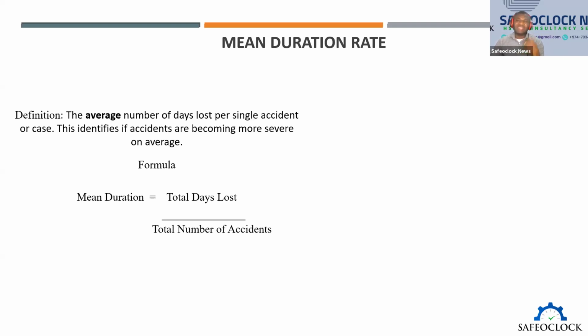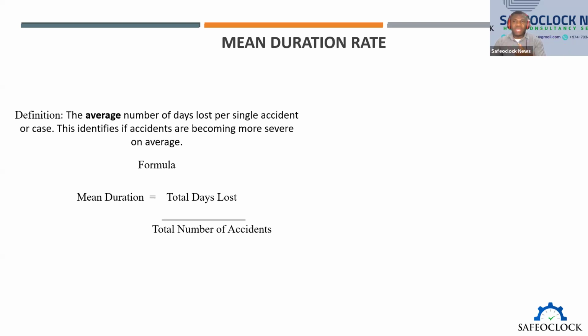For instance, if the accident involved maybe 10 people who got injured in the course of a single accident, you want to get the mean duration rate, that is the level of impact or the average number of days that was lost because of that single accident. That single accident did not affect just one person, but multiple people who had lost days.